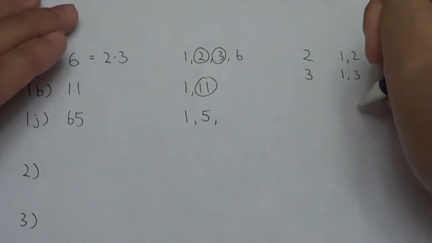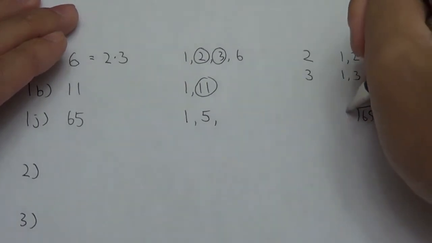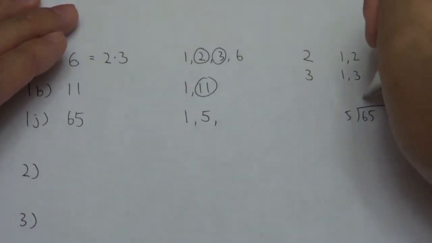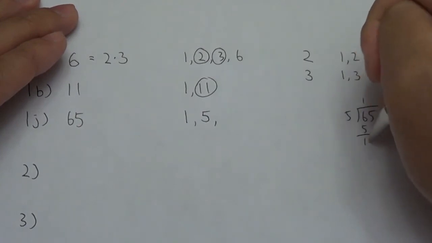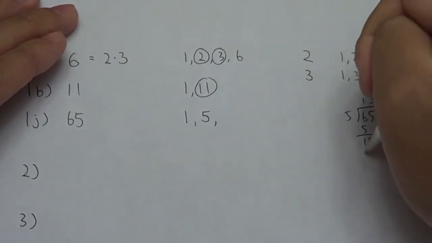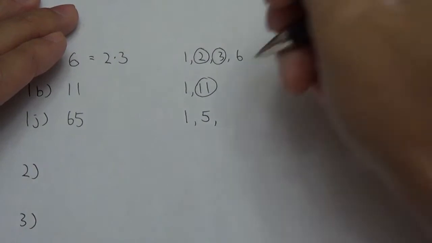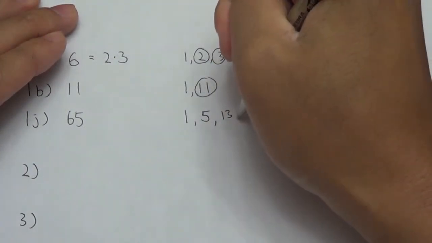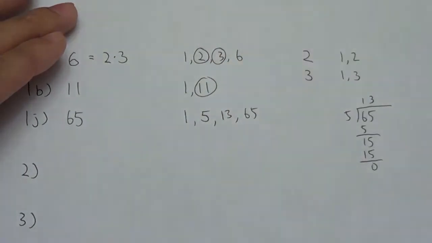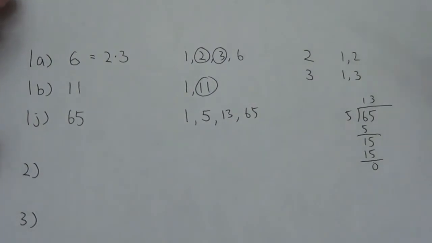Now I need to find out what will go with the number 5, and I can use long division. Alright, so 5 times 13 will give me 65. So that is my other factor that goes with it.